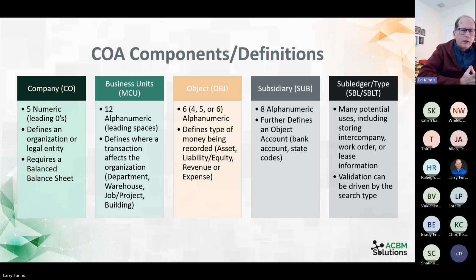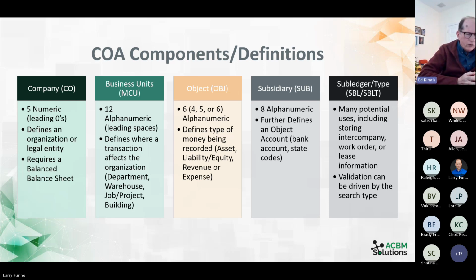Doesn't have to be, but we won't make any decision on how many positions there'll be. We're not going to make a decision on what the numbering ranges are until we've gone through all the analysis to see what is truly needed for your business. The subsidiary, I mentioned earlier, something we find often overused and used for purposes that it's not best suited for.